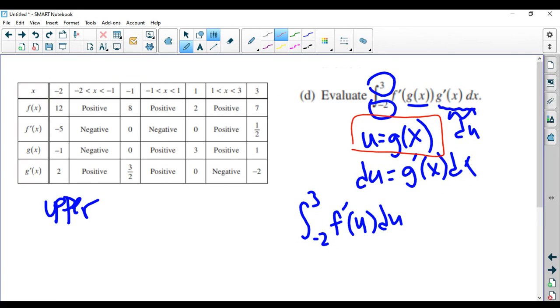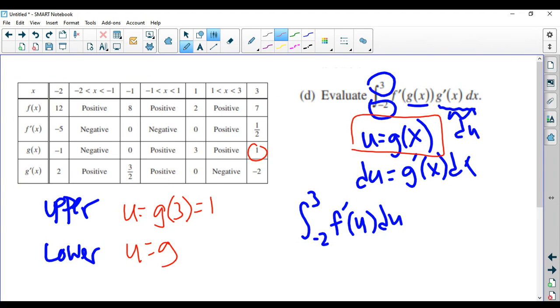So our new upper limit is u equals g of 3, which is 1. Our new lower limit, we get the same way.